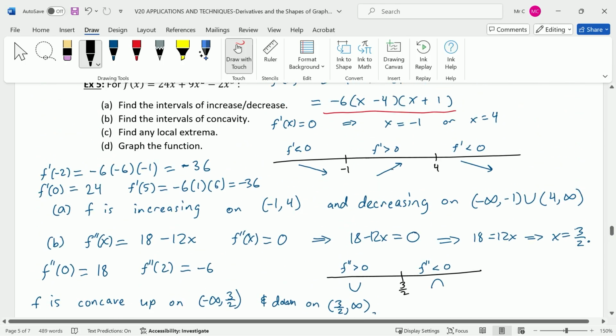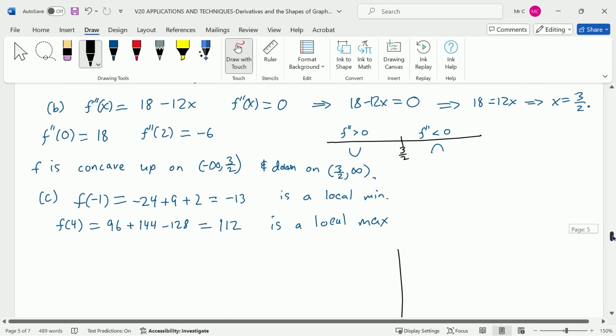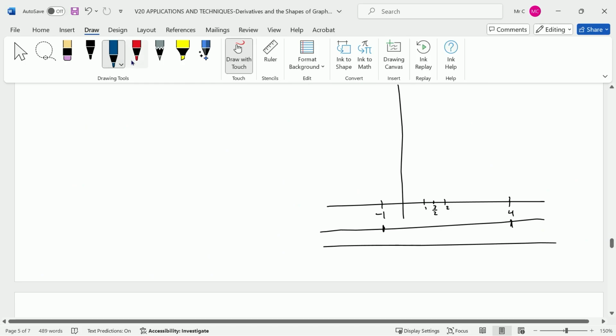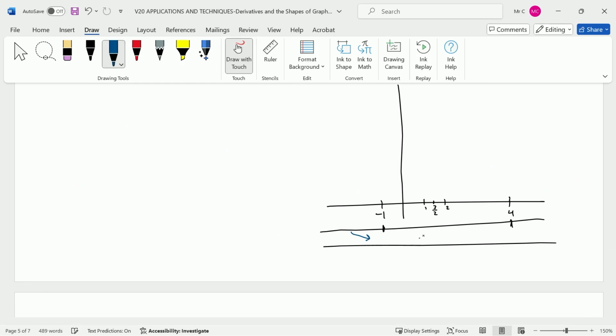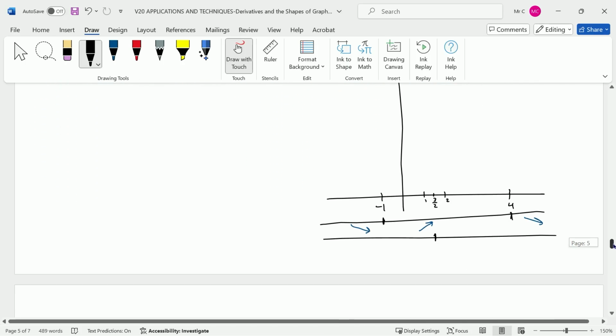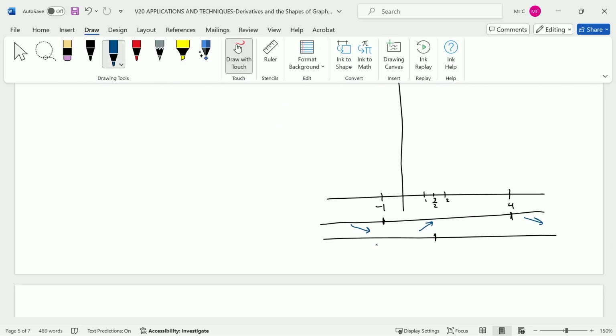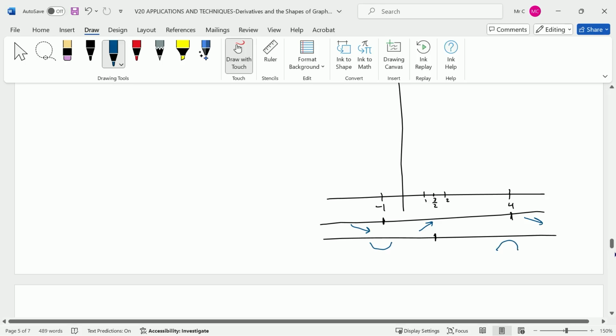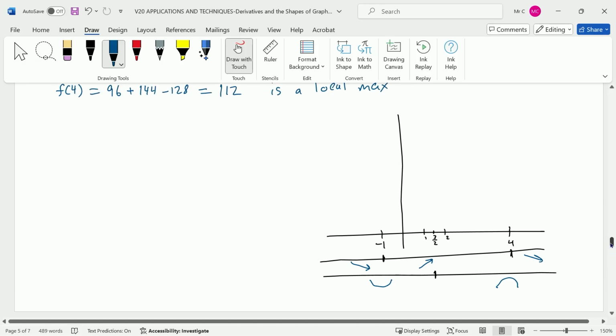We know we're decreasing, then increasing, then decreasing. So our graph goes down, up, down on those intervals. And then we know at 3/2, we go from concave up to concave down.